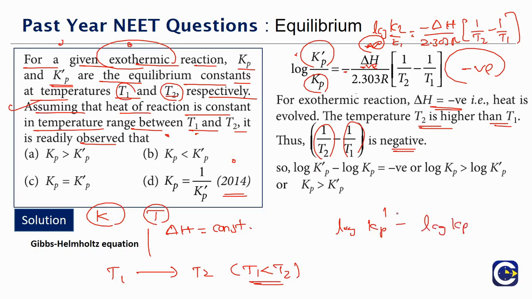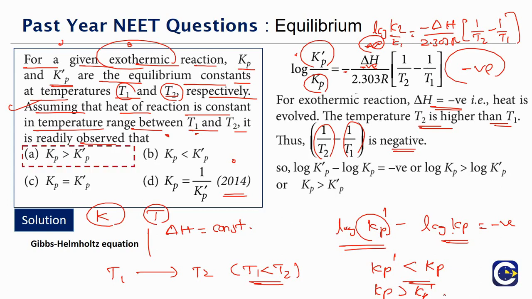Log of Kp dash minus log Kp is negative, which means when we are subtracting log Kp from log Kp dash, we are getting negative. This Kp dash must be less than Kp. Otherwise we can say Kp must be more than Kp dash. So the correct relation between them is Kp must be more than Kp dash.